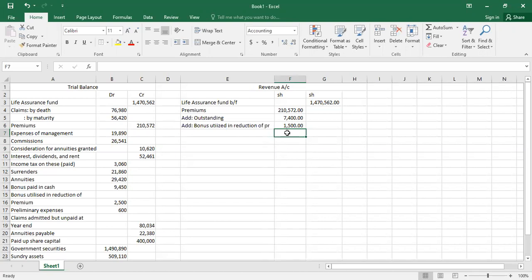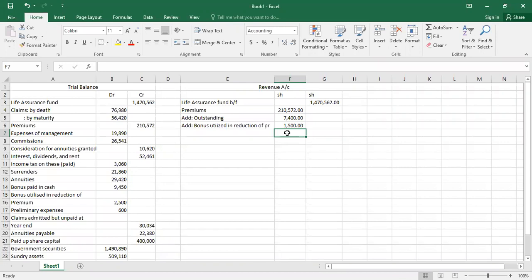What I need people to appreciate is that for the premium received during the accounting period, we add the outstanding at the beginning of the period. Then we add any bonus in the reduction of the premium. And we subtract any outstanding premium at the end of the period.